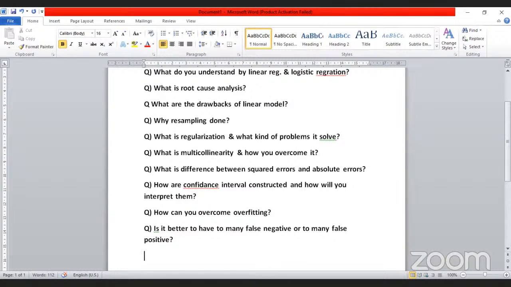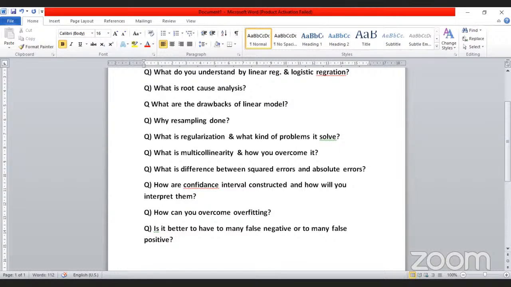Is it clear? For false negative, we can also see the example of cancer patients. If the person is having cancer and in the test it shows no, he is not having cancer, right?